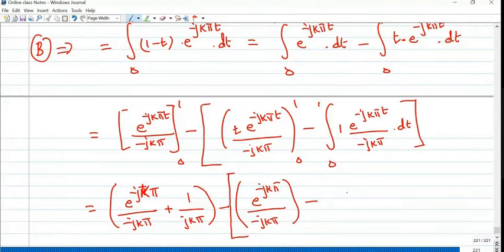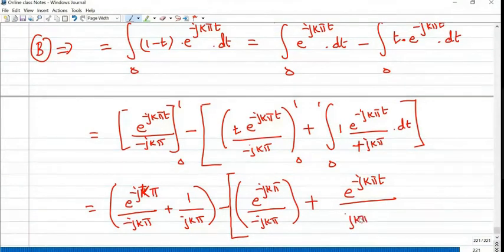And now integrate this particular part, e power minus jk pi t. Again, shall we make this plus minus, minus plus? Okay. Now e power minus jk pi t, I'll make it as plus, jk pi minus jk pi, 0 to 1.